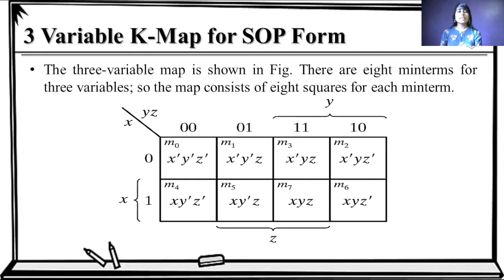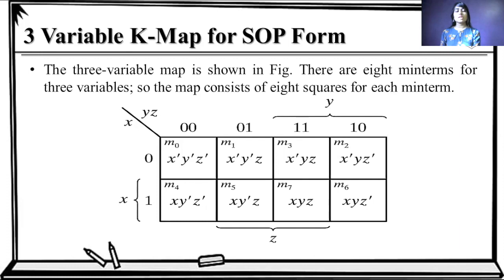Now again here we place the 1s for our given function, then make groups and then write an individual group function. Here the maximum we can make is a group of 8, and if all the squares are covered, then the logical function is written as 1.